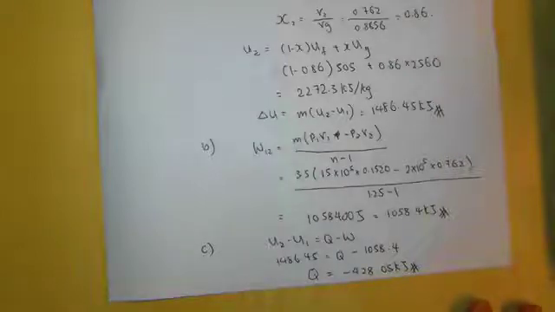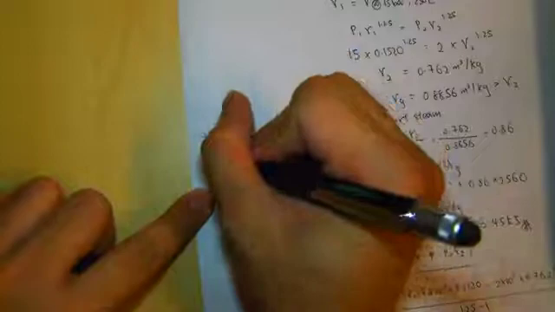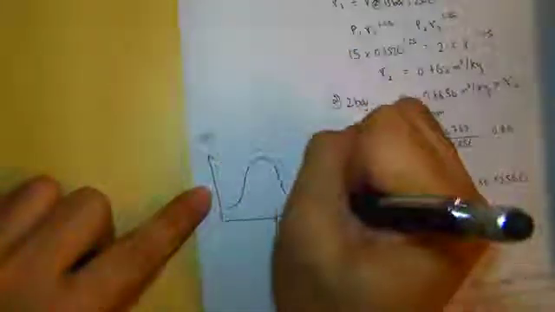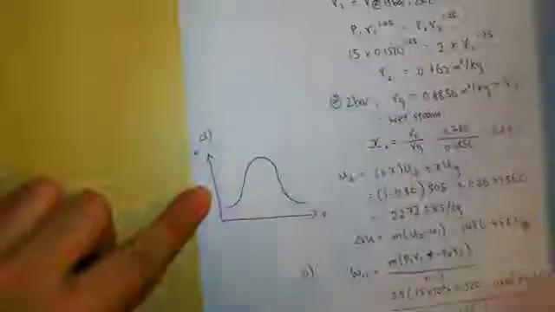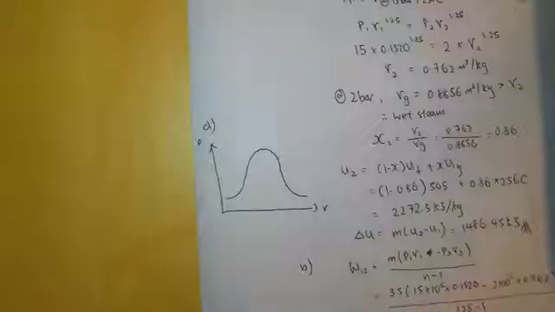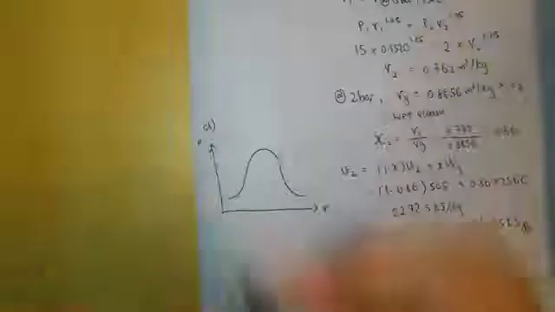So lastly, to sketch the PV diagram. Initially it will be 15 bar and superheated.